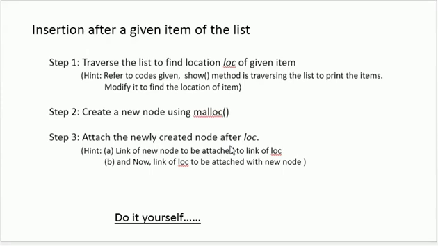I have already explained how to add something in the beginning of the list and how to add something in the end of the list. And this is an assignment for you: write a piece of code which is making insertion after a particular item. So traverse the list to find out the location of the item, create a node and add the node after that item. So do it yourself. All the hints are available, right? So I suppose you can do it very well.